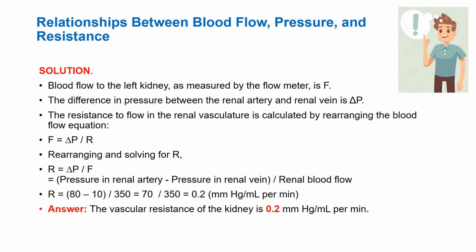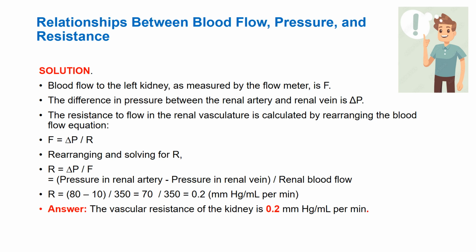Solution. Blood flow to the left kidney, as measured by the flow meter, is F. The difference in pressure between the renal artery and renal vein is delta P. The resistance to flow in the renal vasculature is calculated by rearranging the blood flow equation F equals delta P divided by R, solving for R: R equals delta P divided by F, equals pressure in renal artery minus pressure in renal vein, divided by renal blood flow.